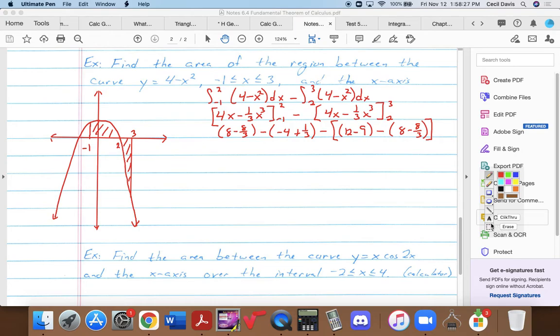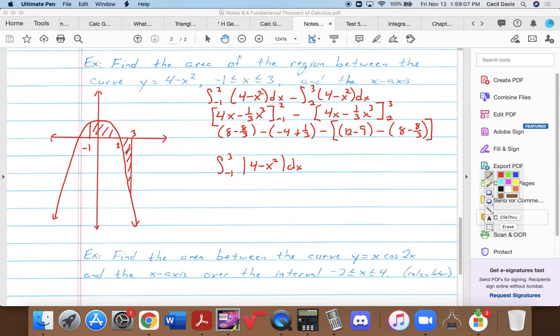I'll just say that if you're going to evaluate it so that you can check your answer in the book or something, let me suggest that you distribute and put all the whole numbers together and all the fractions together. It makes it a lot easier. If you want to check this on the calculator and you don't want to type in two different integrals, you can do it all at once, because this is also equal to the integral from negative 1 to 3 of the absolute value of 4 minus x squared dx.